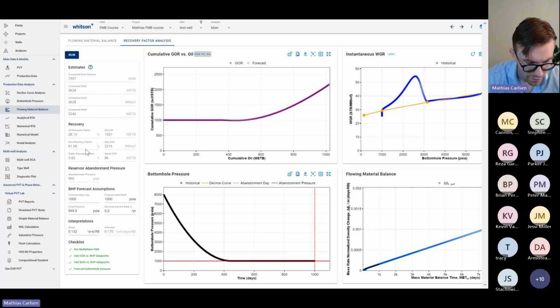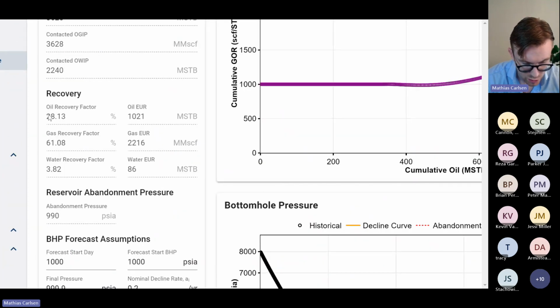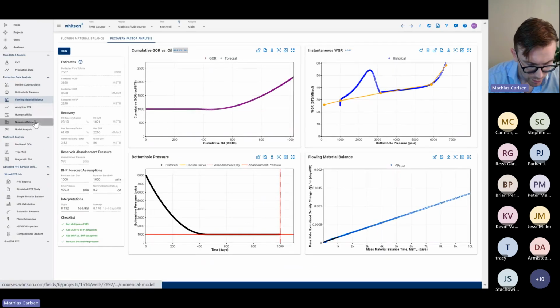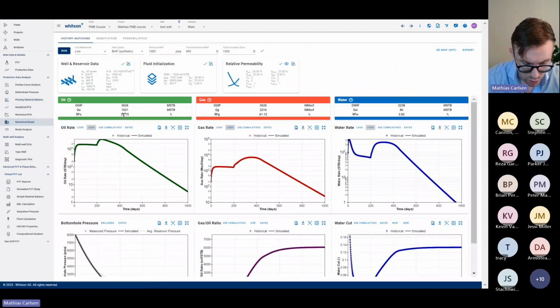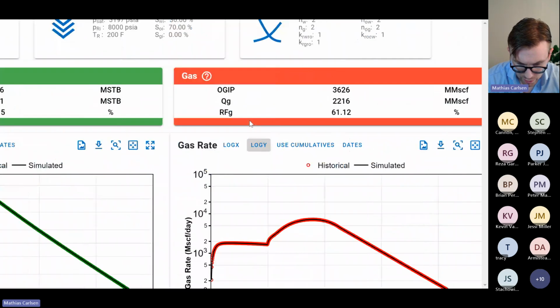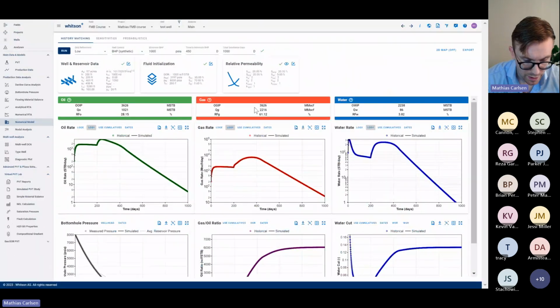These recovery factors will be identical. So here you see it's 28.13 and 61. And in the numerical model, it's 28.15, and then here we have 61 right there. So they should be identical.